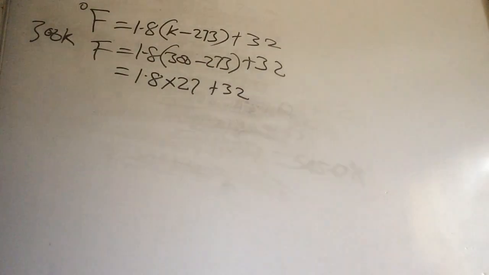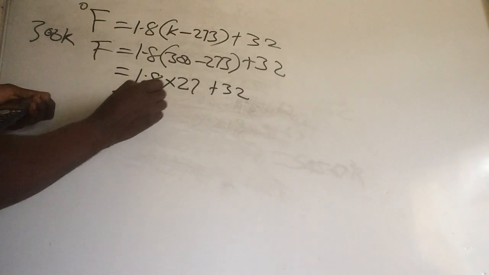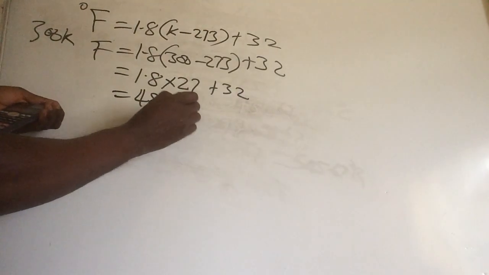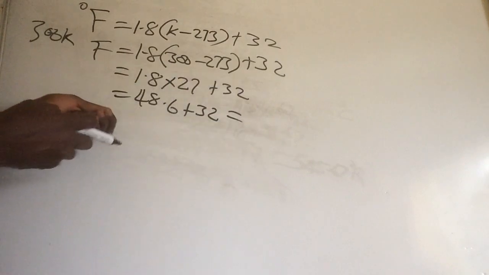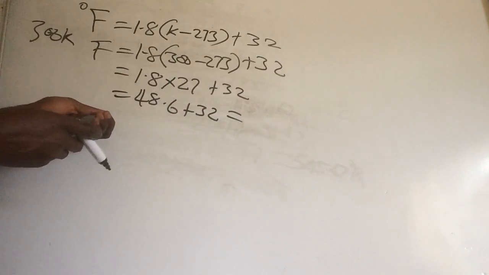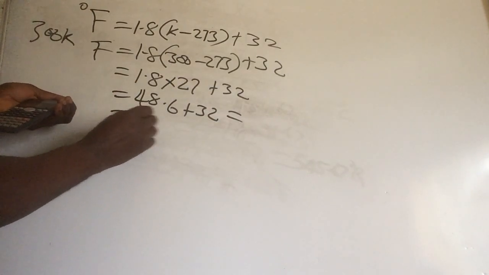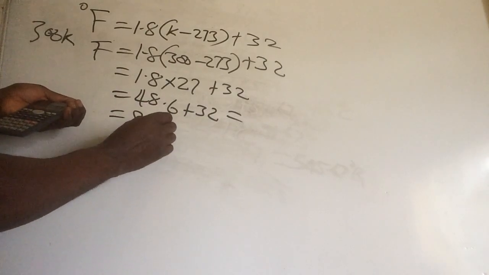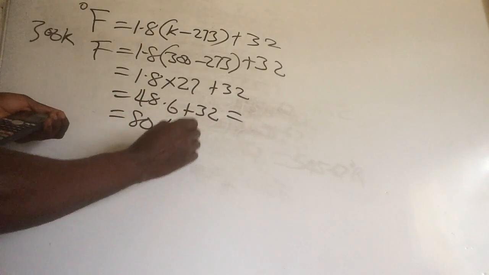So when you multiply 27 by 1.8, we have 48.6 plus 32. When you add 32 to this number, we now have 80.6 degrees Fahrenheit.